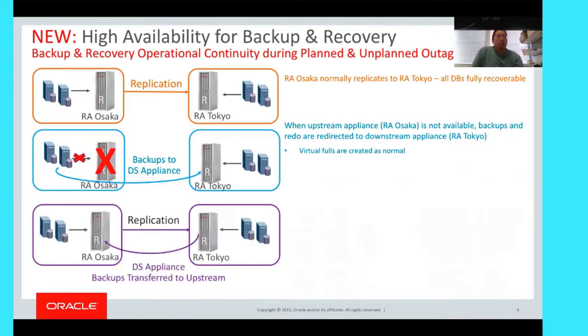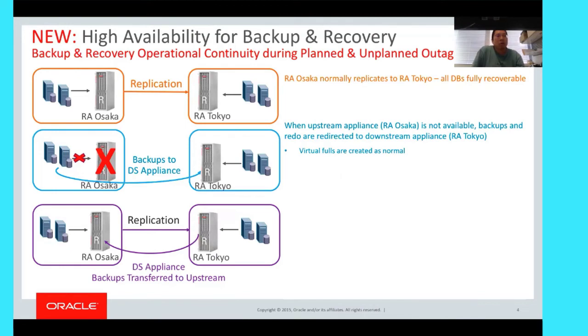When the upstream appliance, Osaka, is available again, then we have the procedure I mentioned, which is installed in your upstream appliance. That procedure essentially is sending pings down to the downstream and saying, do I need any interim level 1 backups that I don't know about during that outage period?